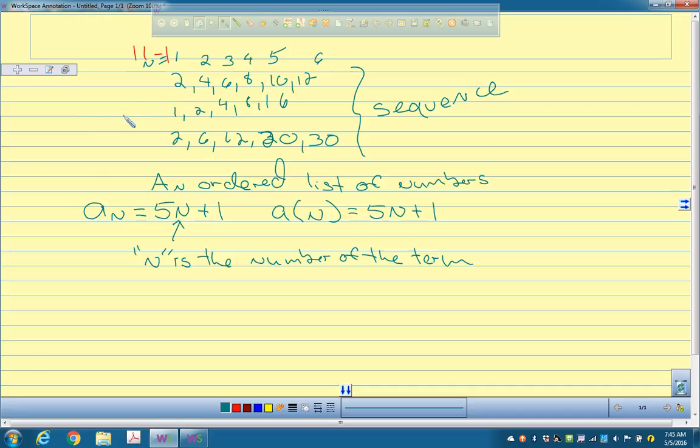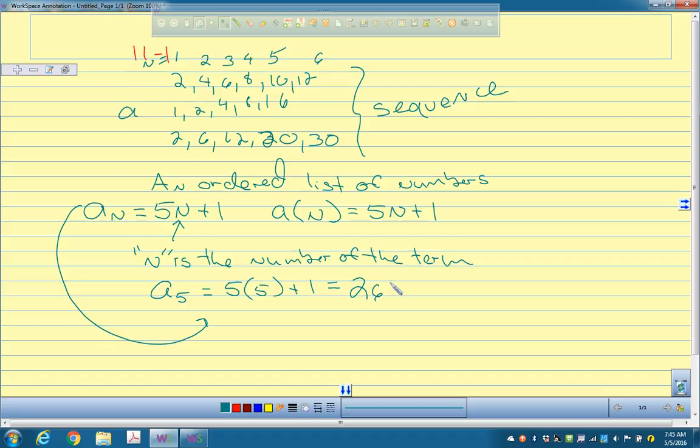Sometimes they write a sub 5 for this particular sequence, which is going to be equal to 5 times 5 plus 1, which is 26.